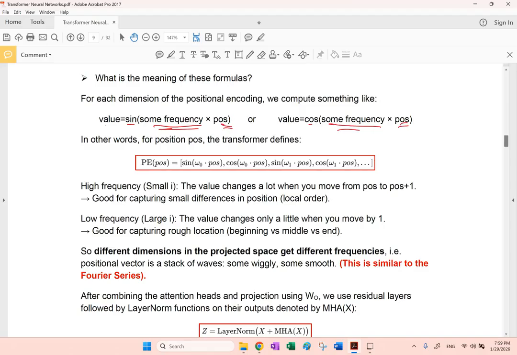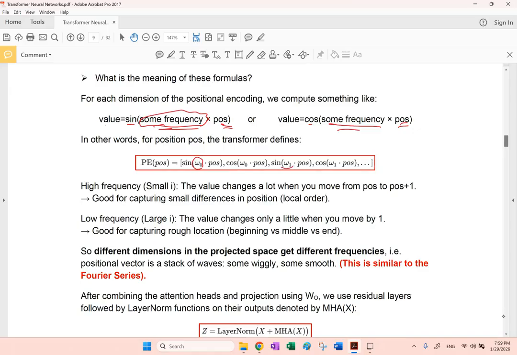Now, what's the meaning of this? What does this actually do? Well, this frequency is changing, getting from big numbers to small numbers. For i equal 0, the frequency, which is 1, let's call it omega naught. For i of 1, let's call it omega 1.